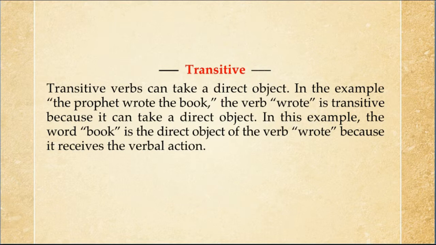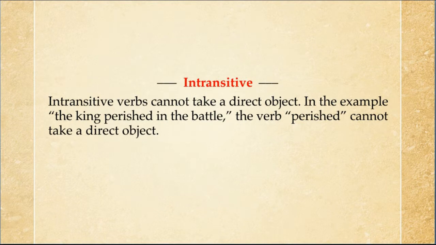And unfortunately, not all verbs can take a direct object. There are just certain verbs that have a particular meaning, and their meaning itself prohibits them from being able to take a direct object. There could be an indirect object associated with it, but not a direct object. So those verbs we call intransitive.